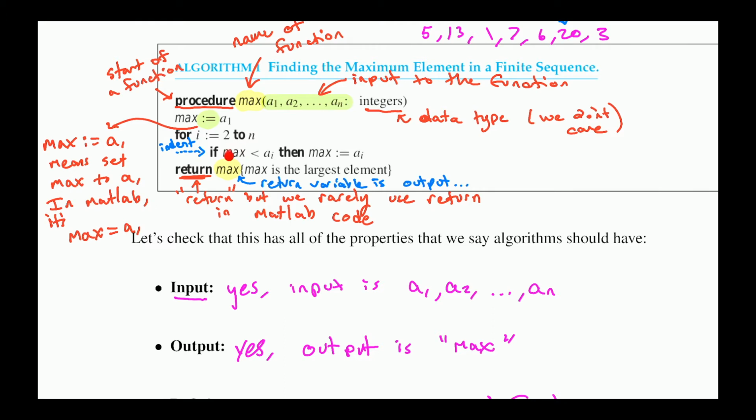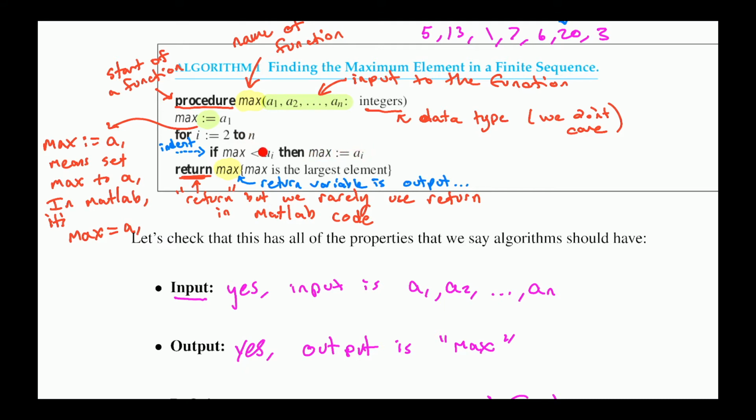And we compare the maximum variable to the next number in the list. If the number is bigger than our maximum, then we store that number as our new maximum. That way, as we're going through the list, we're just keeping track of the biggest number that we saw. So you start out with max as A1, and then you go A2, A3, A4, A5, and anytime you see a number bigger than the current maximum, you store it as the maximum.